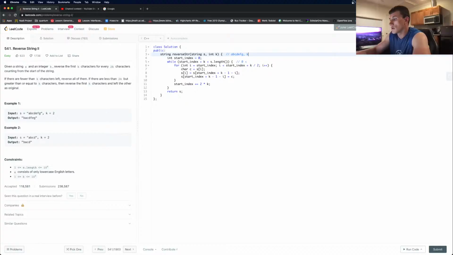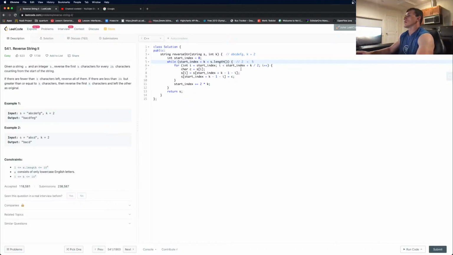And k equals 2. So 0 plus 2, so 2, less than whatever, 5, right?